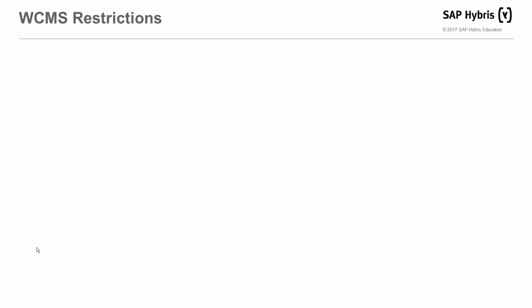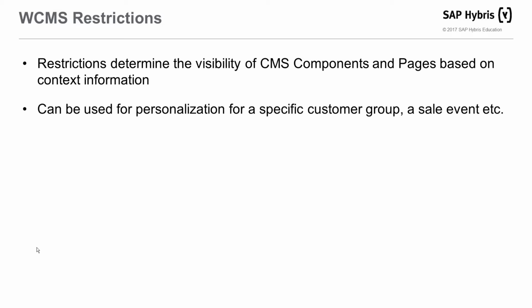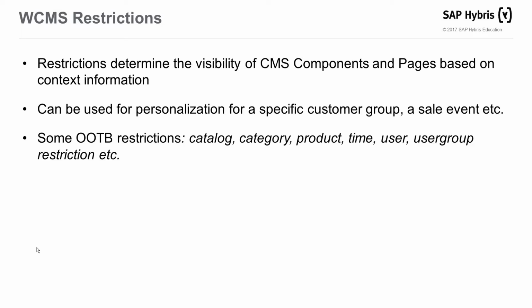As a CMS manager, you can apply several visibility restrictions to pages and components depending on context. By applying restrictions, you can personalize the appearance of your storefront for specific customer groups, individual users, sales events, and so on. Here are some of the restrictions that are available out of the box with the SAP Hybris Commerce Suite.